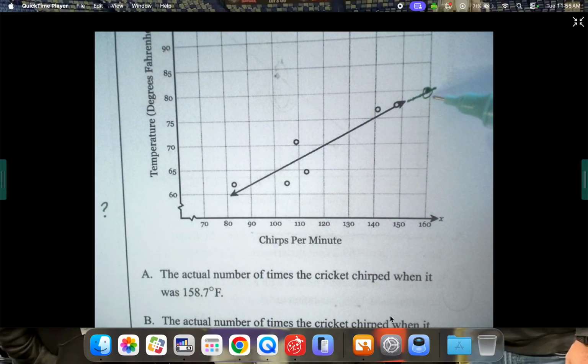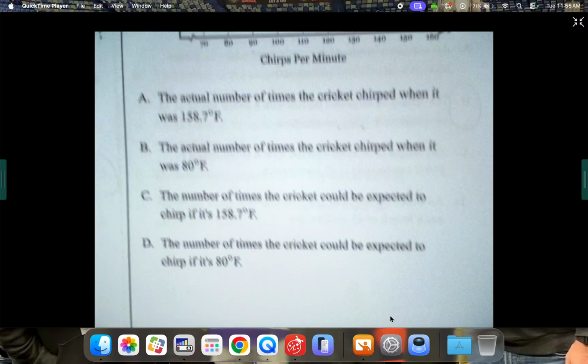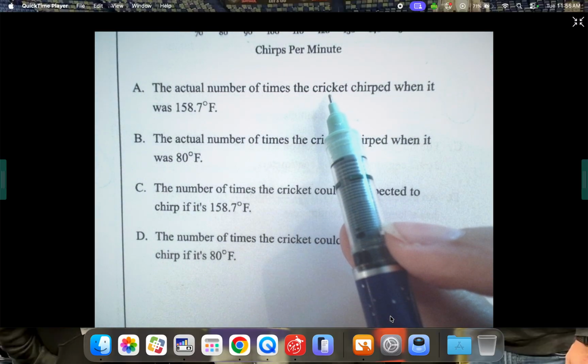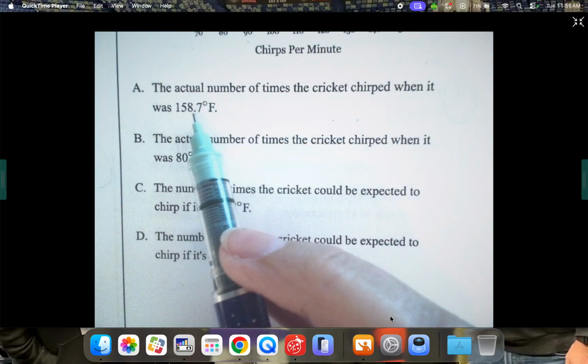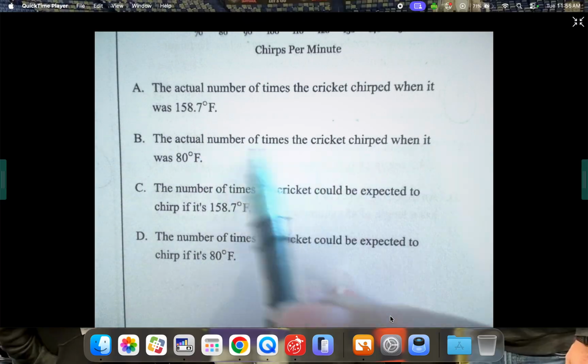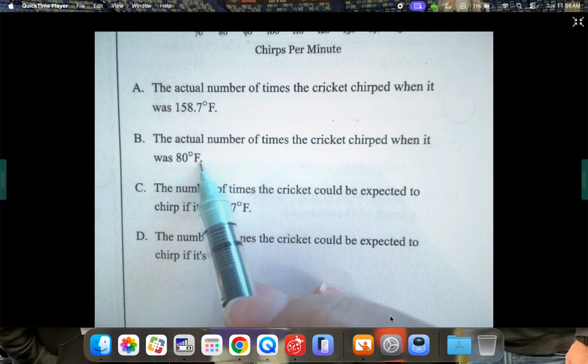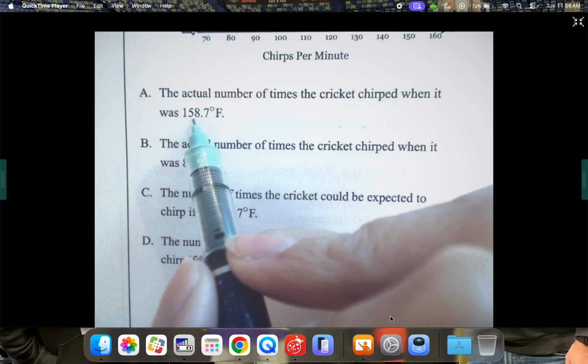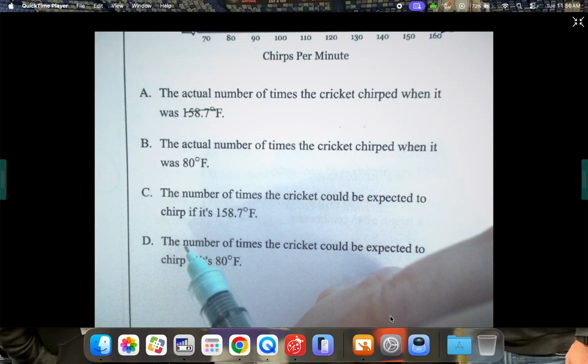And again, that's not actual because we don't have an actual data point there. But based on following the trend line, it should be somewhere around there. So the actual number of times a cricket chirps when it's that, okay, it was not 158 degrees. First of all, that would be silly to be 158 degrees out.